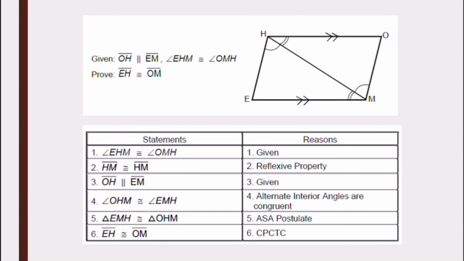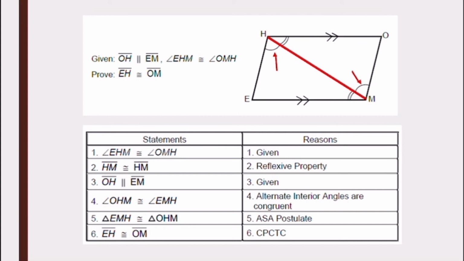For our analysis, it is given that angle EHM is congruent to angle OMH. The common side, which is line segment HM, of both triangles, can be proved as line segment HM is congruent to line segment HM by the reflexive property of congruency.